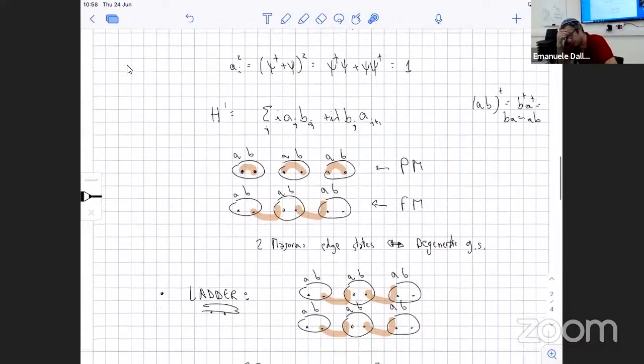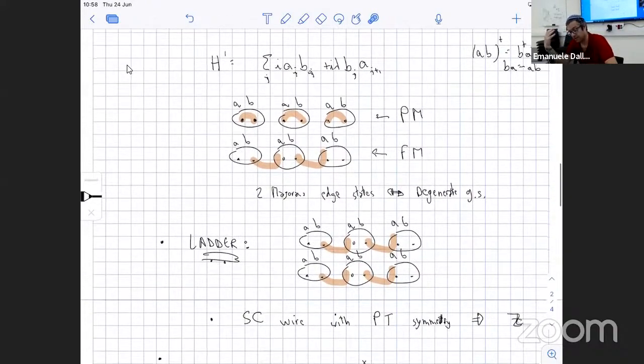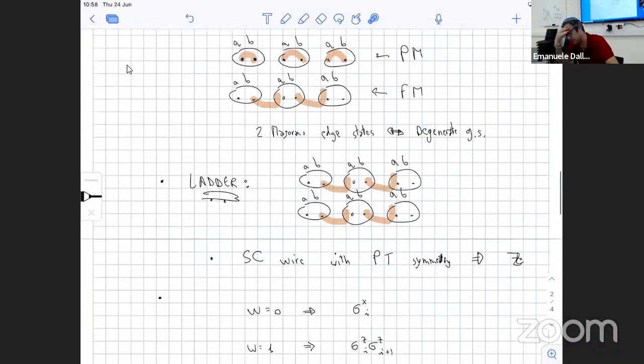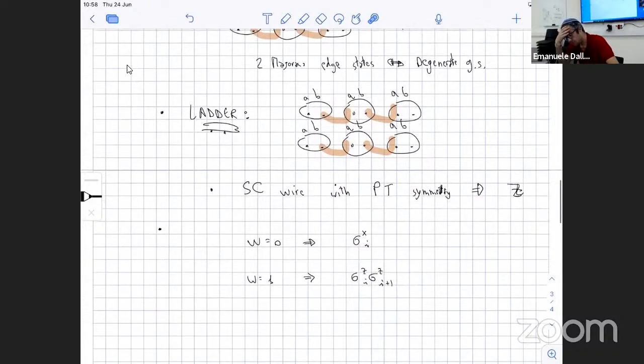How about having more layers? So what we have found is that you need to be careful. Let me tell you what is the trick. The trick is that you want to apply the Jordan-Wigner transformation. The Jordan-Wigner transformation is a one-dimensional transformation. But this is a ladder.